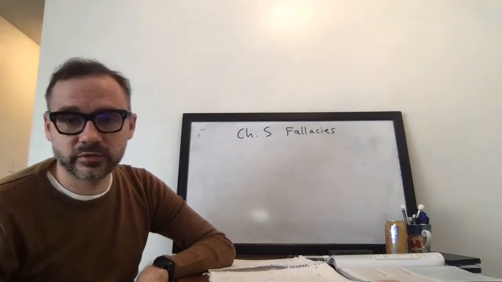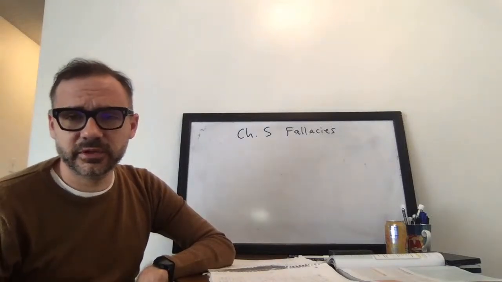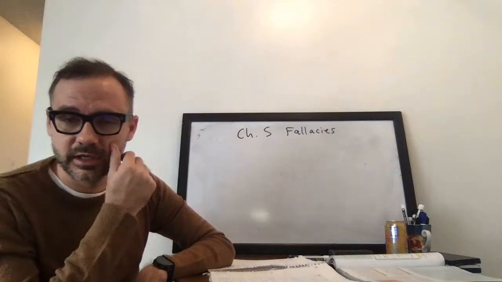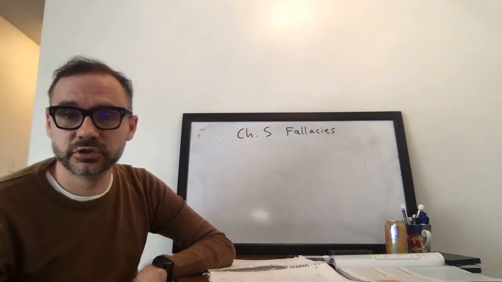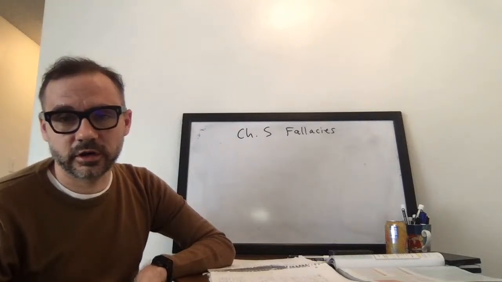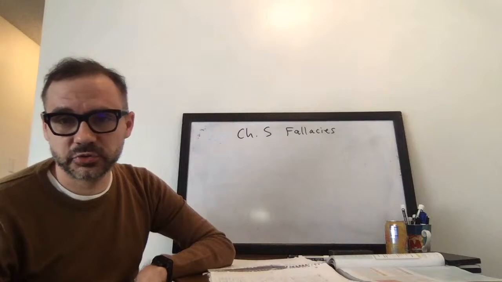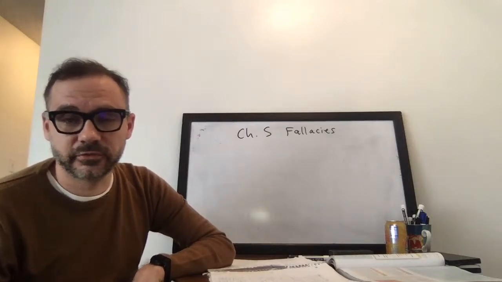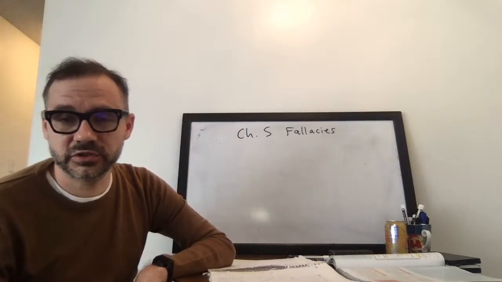The second one was amphiboly. The amphiboly fallacy happens when there's a grammatical ambiguity or an error in an argument, and that leaves us with no clear conclusion to draw. Some easy examples of amphiboly could be where there are multiple named individuals, and then a single pronoun is given, which ambiguously refers to at least one of them, but we just don't know who.